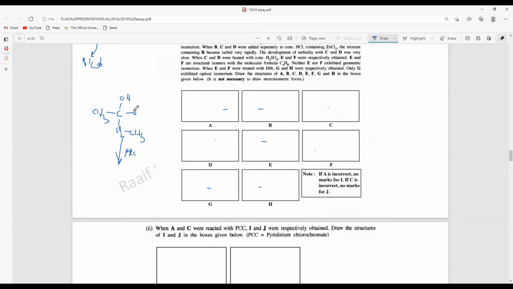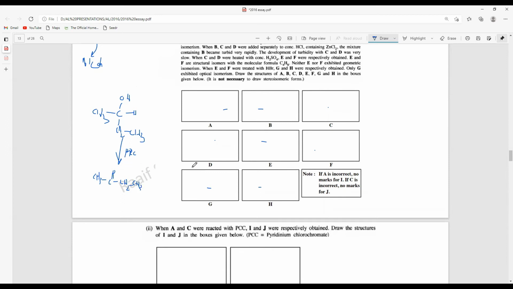So basically this could become a ketone. So there will be CH3. The OH is converted to a carbonyl carbon. So there will be CO here. And this could become CH2 and CH3. So this is a ketone, right?